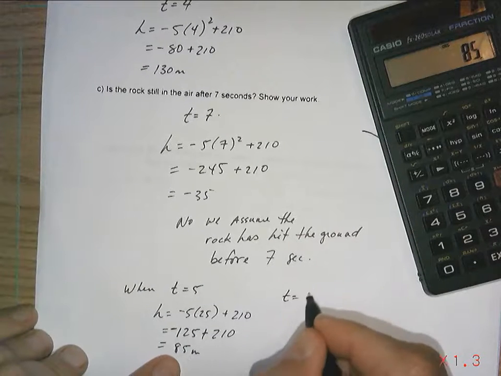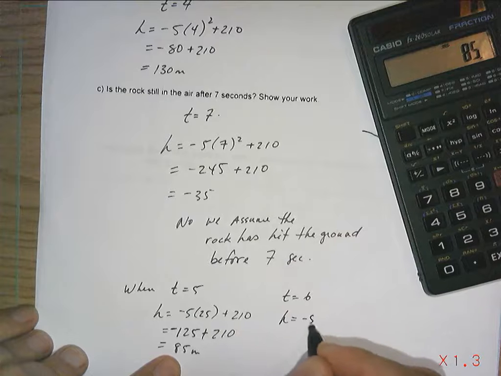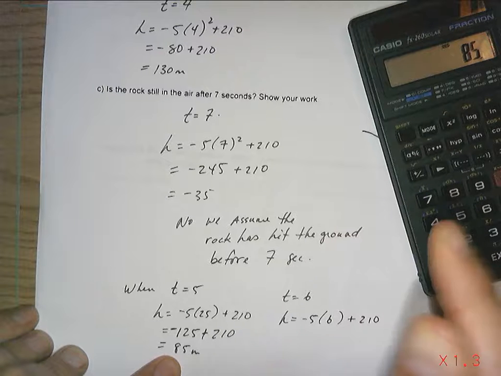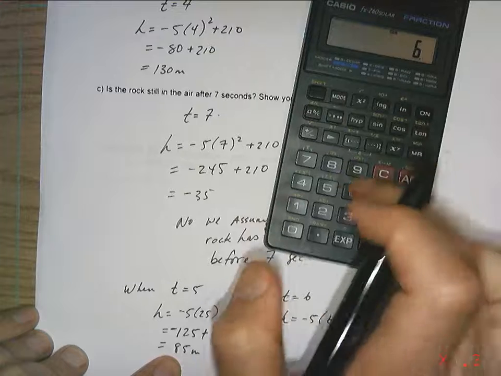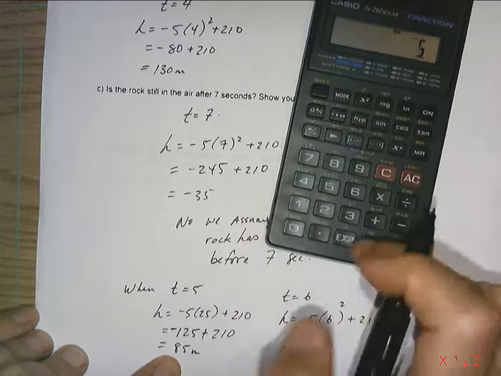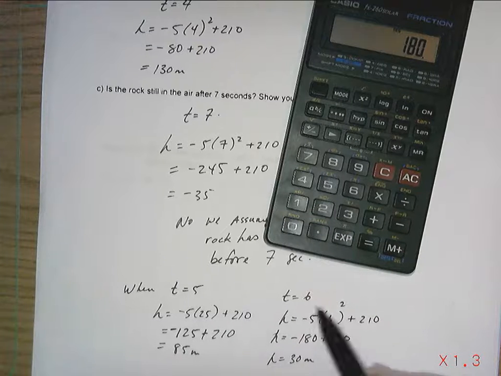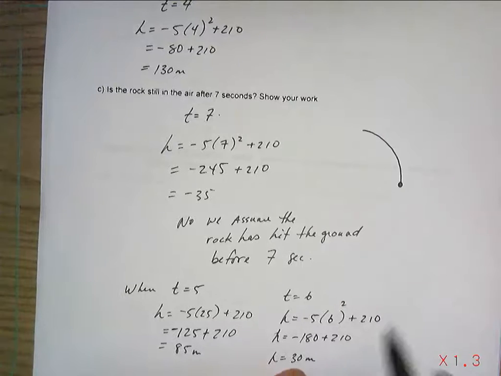What about when t equals 6? So then that's going to be 6 squared times 5. It's 180. So that's still in the air. What's that, 30? So sometimes between 6 and 7, it hits the ground.